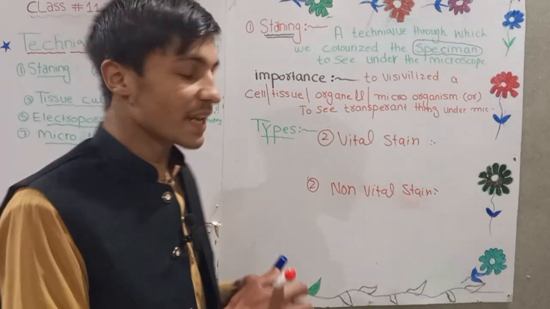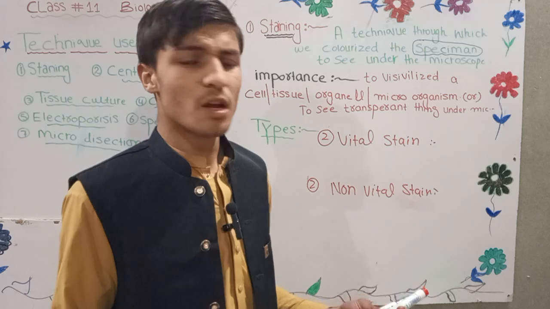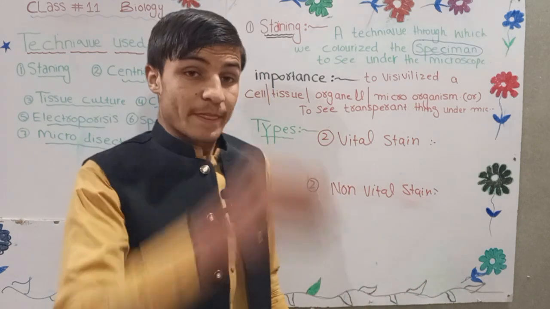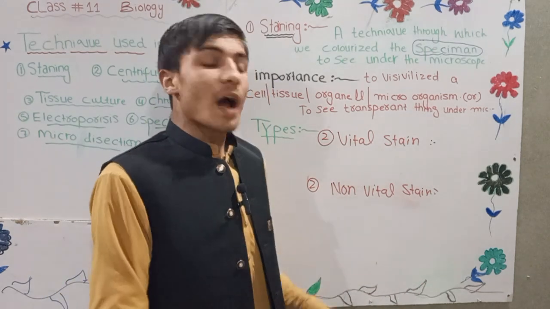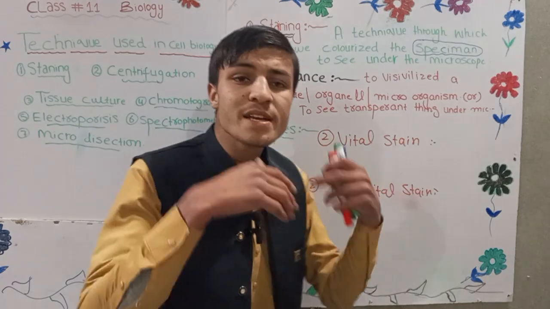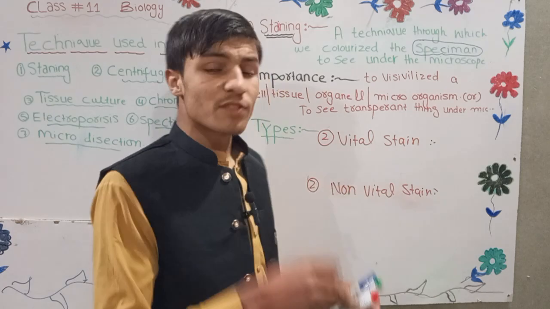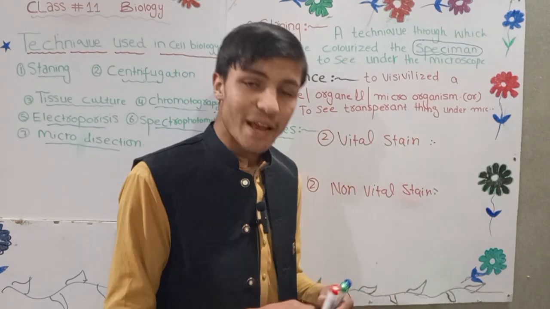Vital stain is a type of stain that we use for living things. In simple words, when we use it on a specimen, the specimen will not die. This is known as vital stain, and mostly we use vital stain for microorganisms.